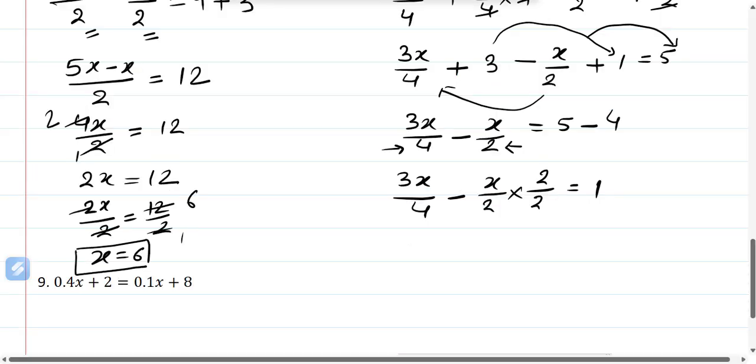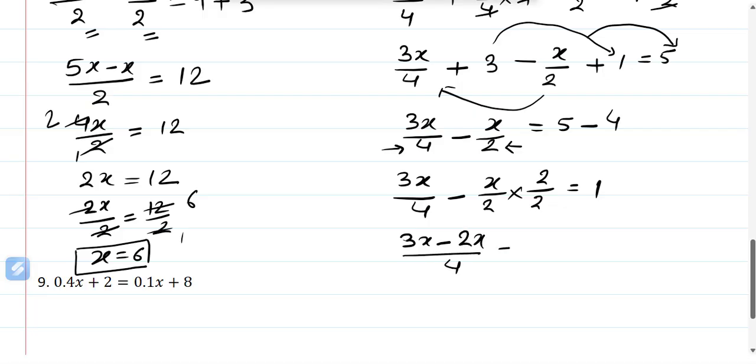That simply means we have (3x minus 2x) divided by 4 is equal to 1. That means x divided by 4 is equal to 1. Now, if you multiply both sides by 4, then 1 times 4, so we have 4, and 4 cancels. The value of x here is.